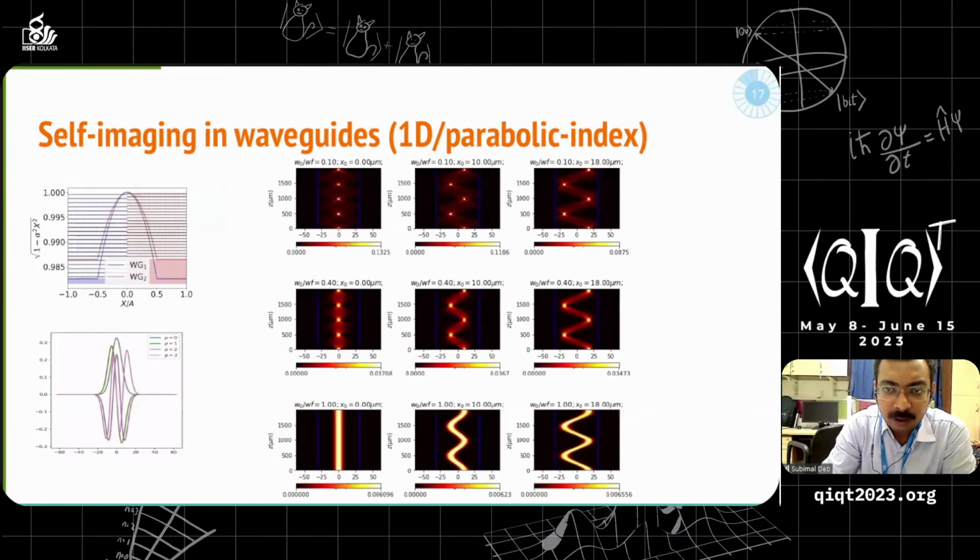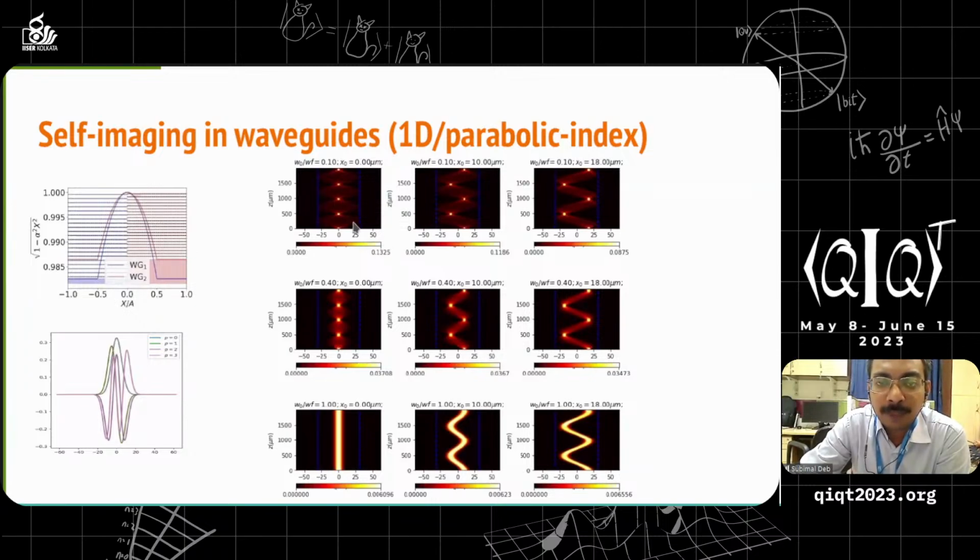Now let's move on to the next part to appreciate what happens in a parabolic index waveguide, not a fiber. It's a slab waveguide. I have a set of 9 images over here in this 3 by 3 grid.